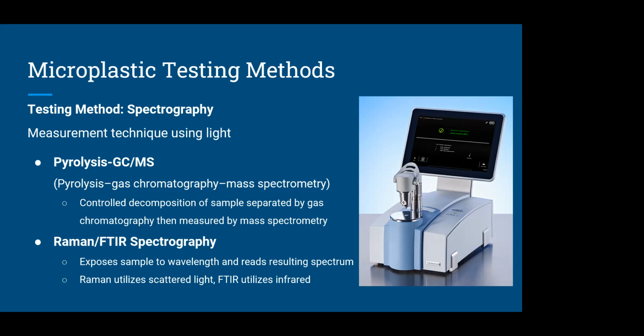The other method, which is the Raman/FTIR spectrography, is a lot more straightforward. It actually exposes the sample to either scattered light or infrared radiation, respectively, and the spectrum produced can give a result on the concentration or the size of the microplastics present in the sample.